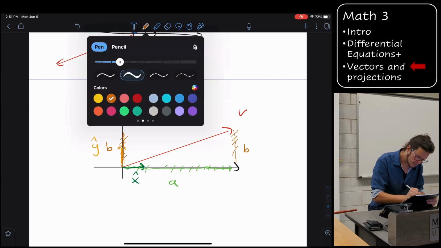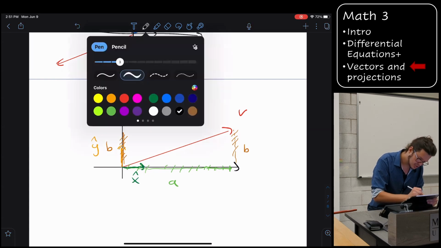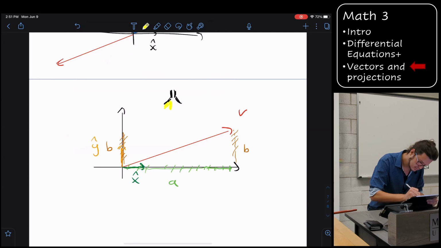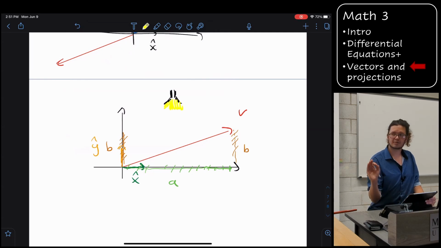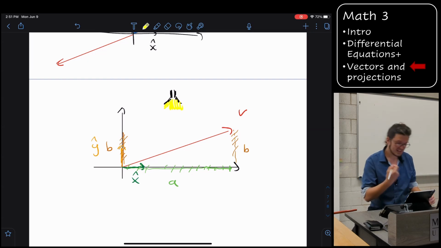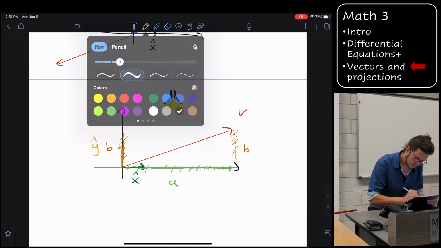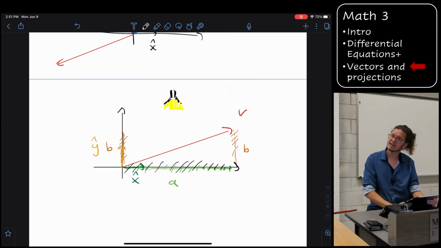If you were able to put a flashlight or a lantern here, and you shine some light, and you have to do it very carefully. It has to be light that hits it exactly perpendicular. The shadow of this arrow in the x-axis is going to be exactly that length.